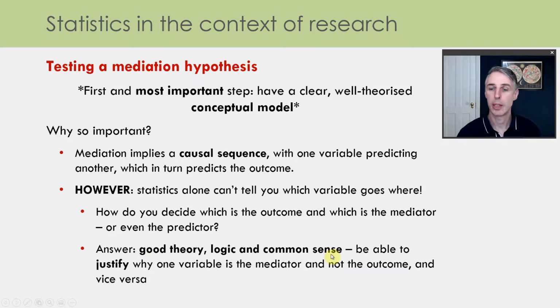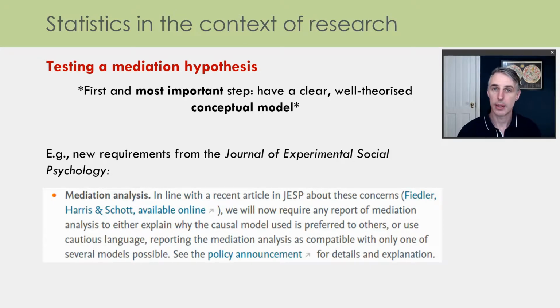So you must be able to justify why one variable is specified as the mediator and not the outcome, why one variable is specified as the predictor rather than the mediator, etc. And it's increasingly important to be explicit in our theory-based justifications for mediation tests, for these indirect pathways, when it comes to publishing our research.